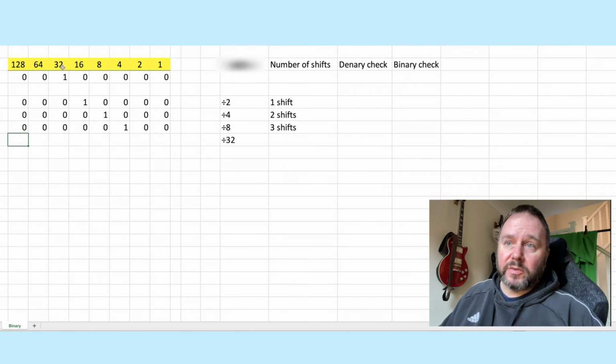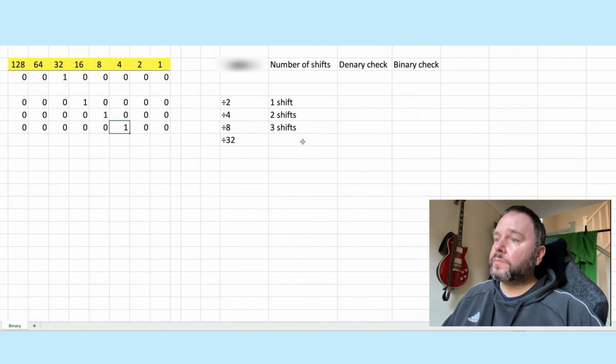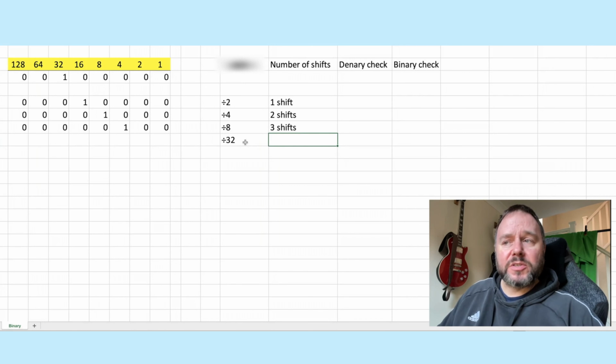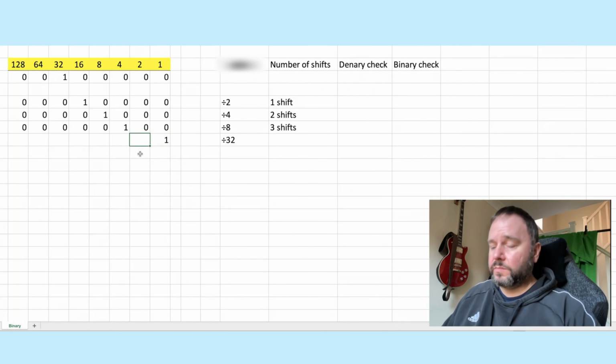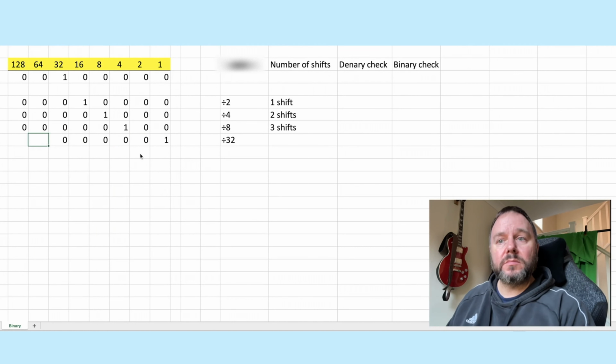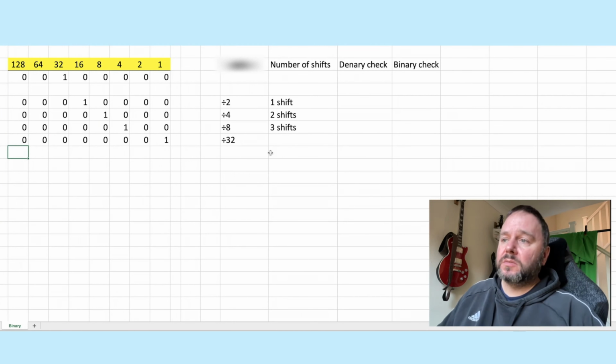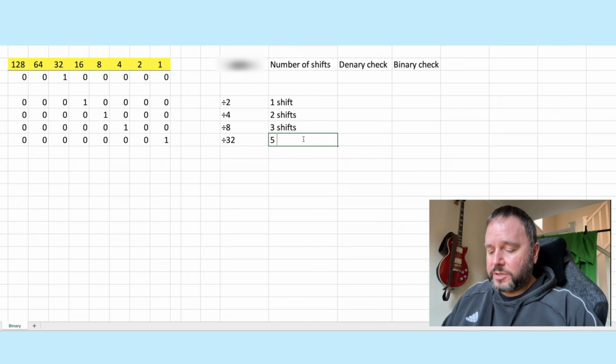So we are saying 32 divided by 8 is 4. 32 divided by 32: 1, 2, 3, 4, 5. Five shifts.